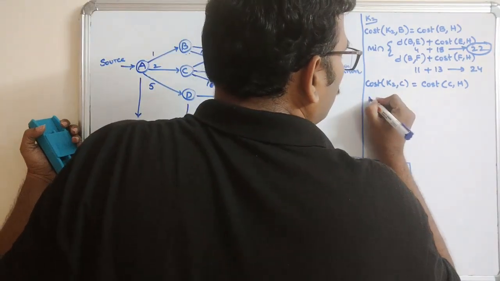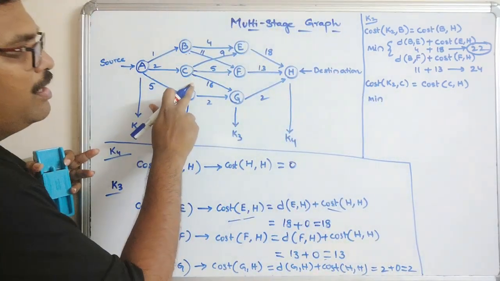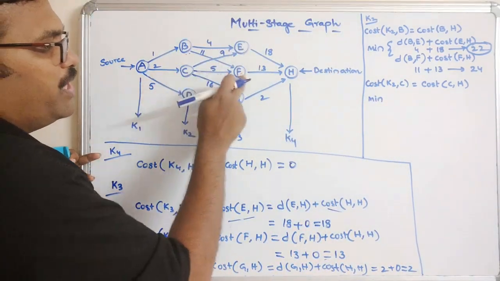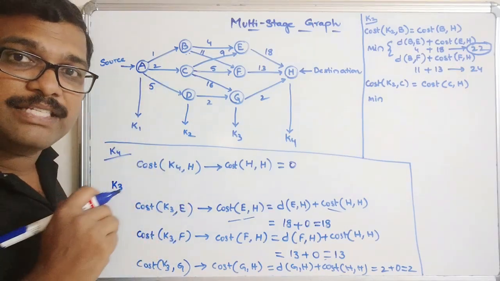So that we can also have a minimum, because we are having multiple paths, C to E, C to F, C to G. 3 possible paths are there, right?